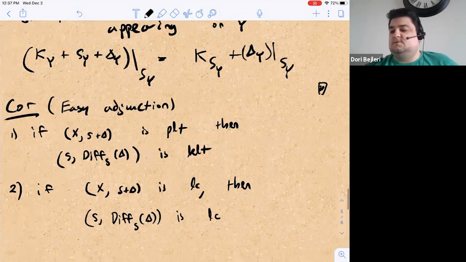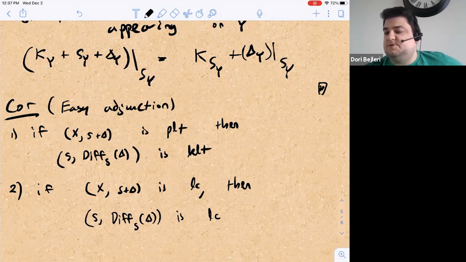Okay, and so the proof of this is just apply what we just said above. So the discrepancies of S are bounded below by the discrepancies of the divisors on X that happen to intersect S. And so if all the divisors on X have discrepancies bounded below by -1, then all the divisors over S have discrepancies bounded below by -1.